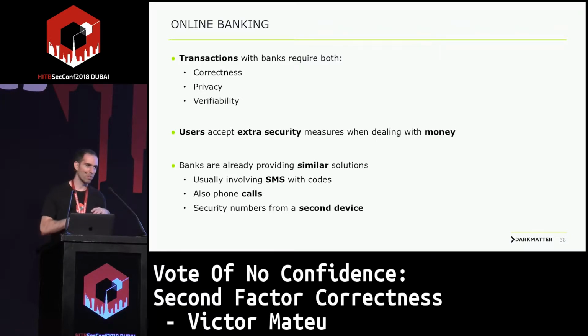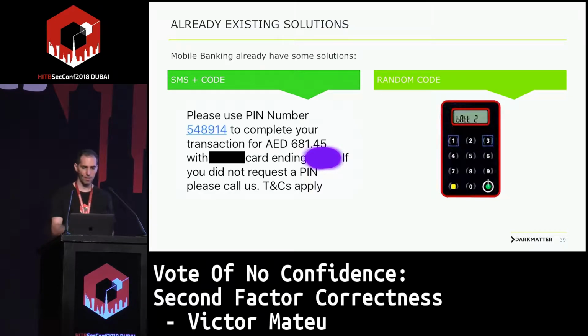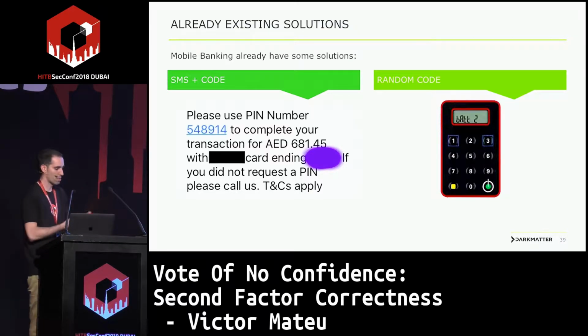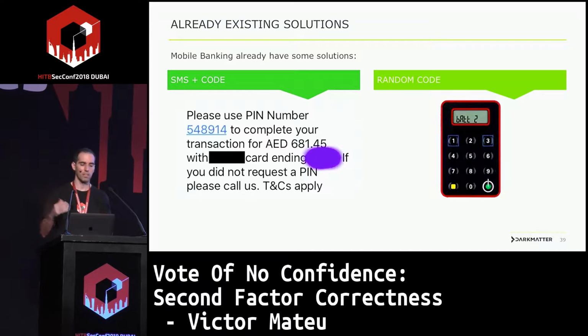There are also some security numbers that are sent in another way, like from email or any other channel. Basically, these are the ones that we can see. So you have a message which basically says, hey, if you want to pay this amount with this credit card from this bank, you should input this code.